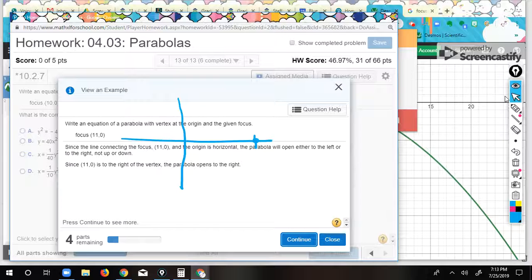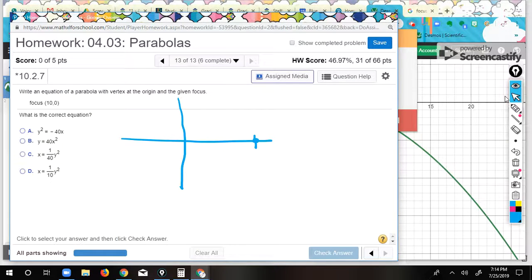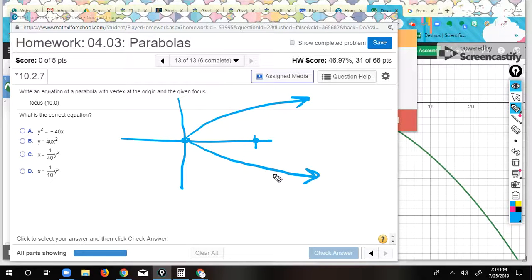Yeah, okay. Oh, it says the vertex is at the origin. Duh. Okay, so since the vertex is at the origin and the focus is over here, the focus is always inside the parabola. That means it opens to the right. And since it's sideways, it's going to be x equals. So you can automatically eliminate that.